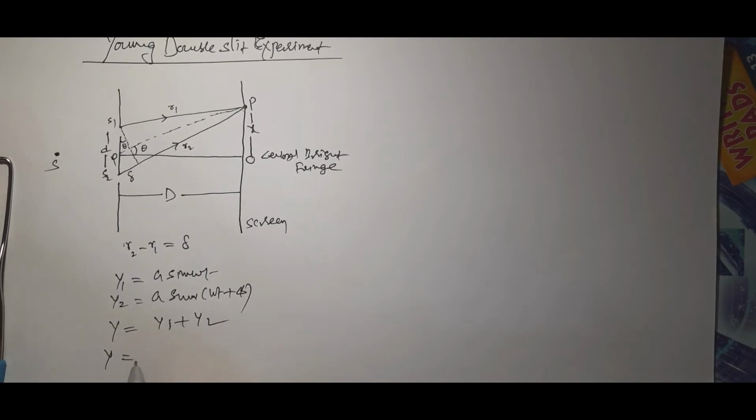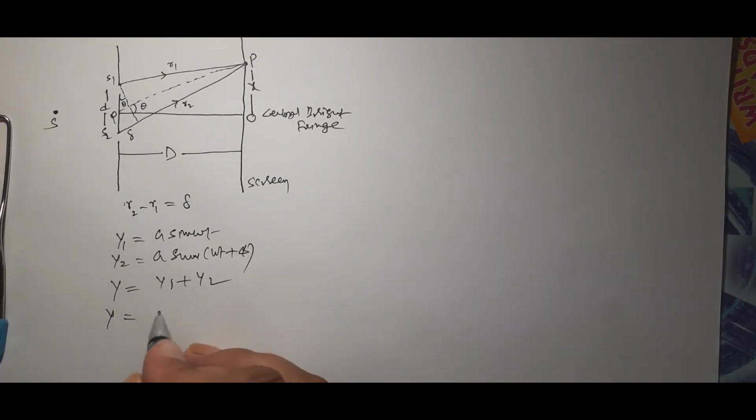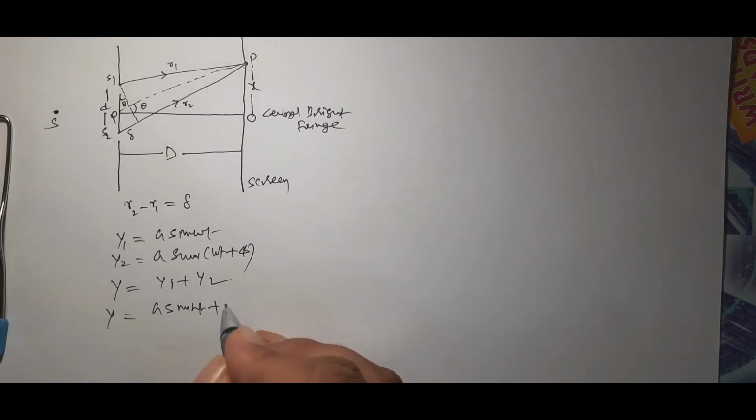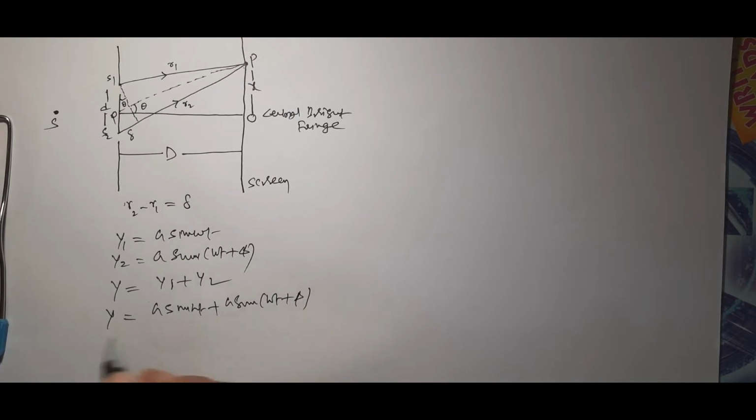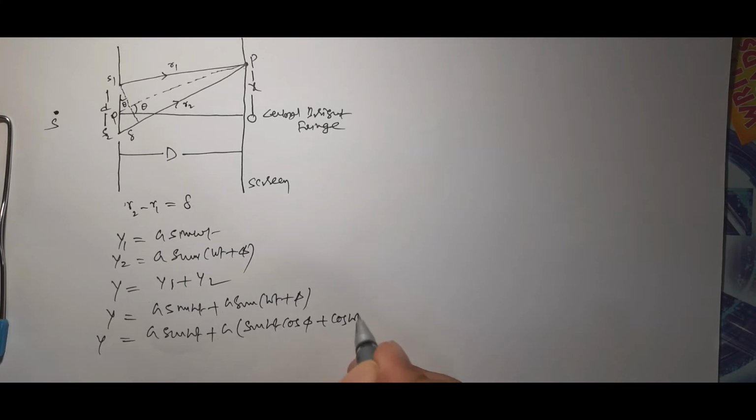So y = a sin ωt + a sin(ωt + φ). Using the sin(a + b) formula, this is sin ωt cos φ + cos ωt sin φ.